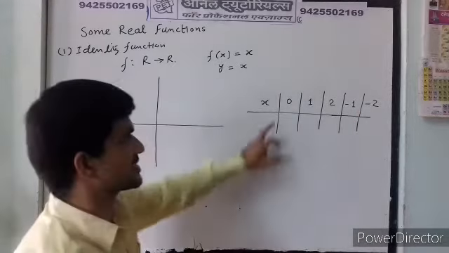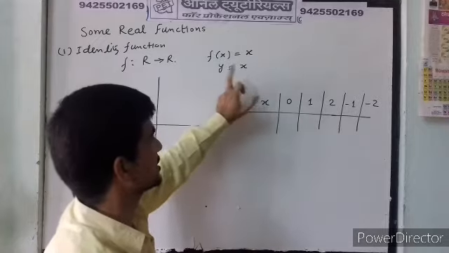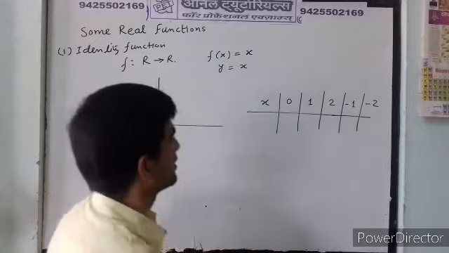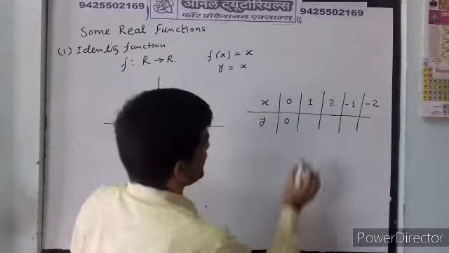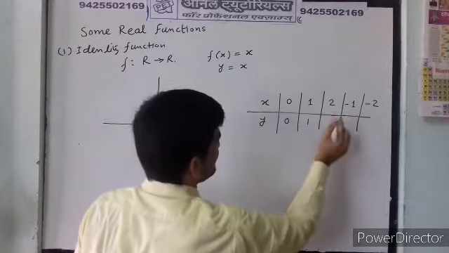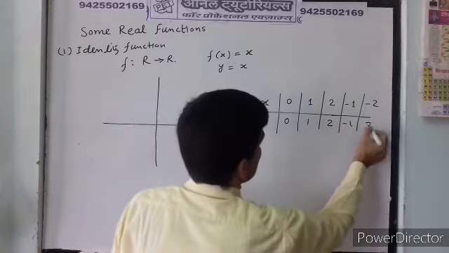If you put x = 0, you get y = 0. When you put x = 1, you get y = 1. When you put x = 2, you get y = 2. And similarly like this.